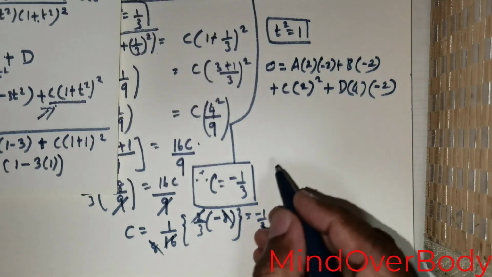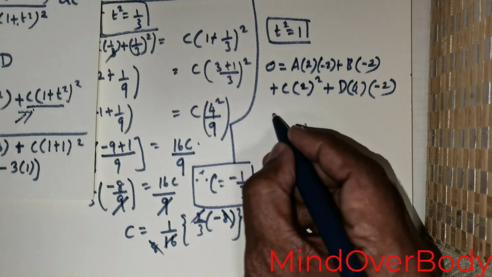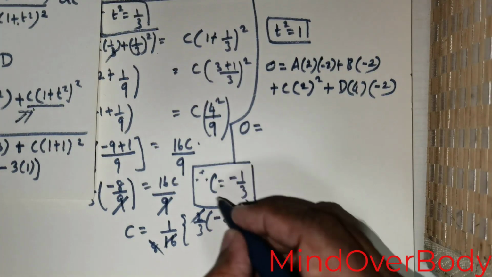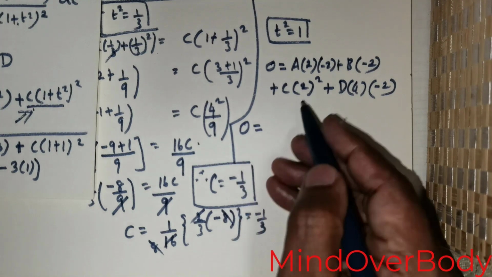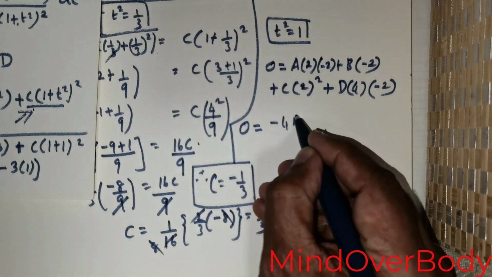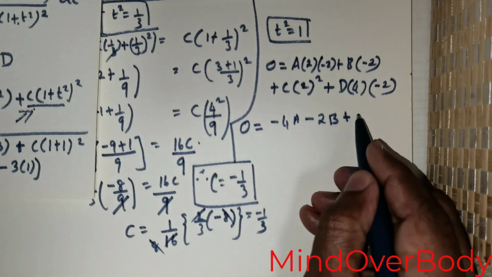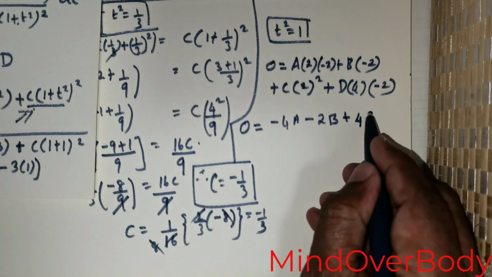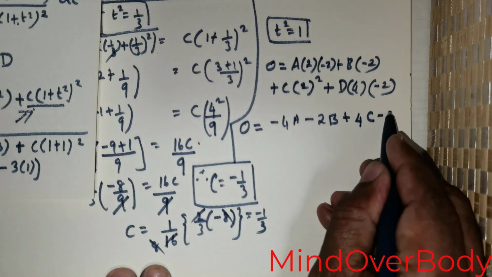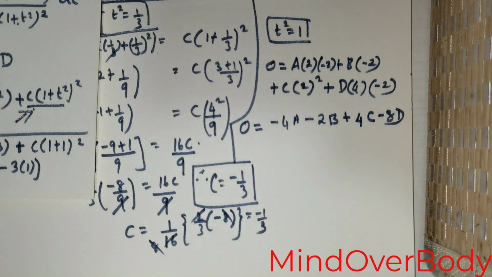So all of these things we have to evaluate. So 0 is equal to negative 4 times a, negative 2 times b, followed by 4 times c, and negative 8 times d. This is what we've got.